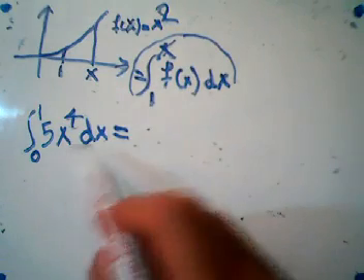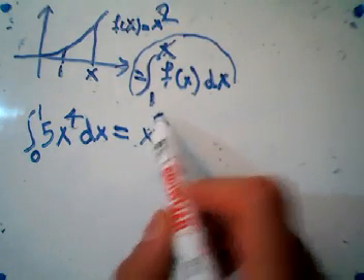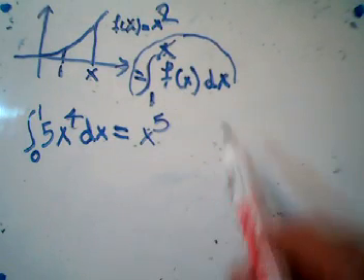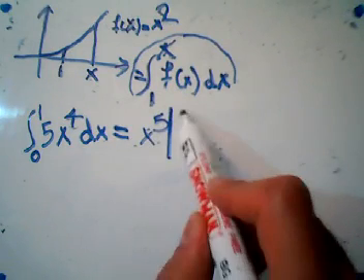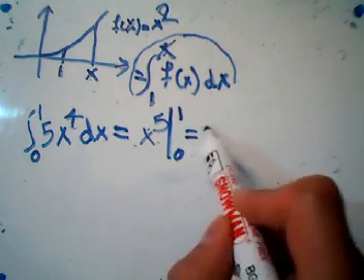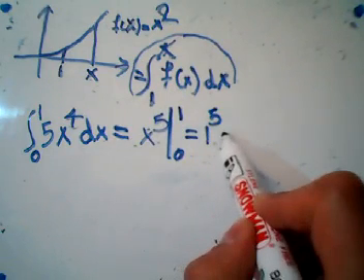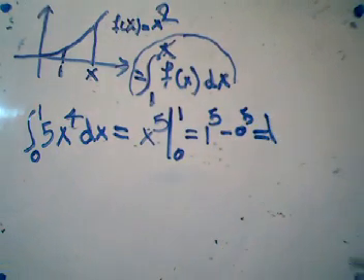An antiderivative of it is x to the power of 5. So that would be from 0 to 1, which is 1 to the power of 5 minus 0 to the power of 5, which is 1.